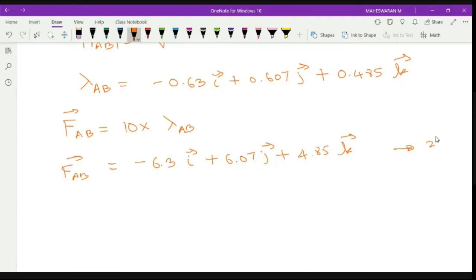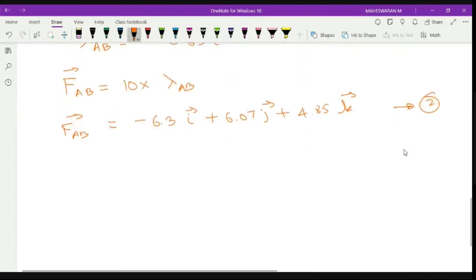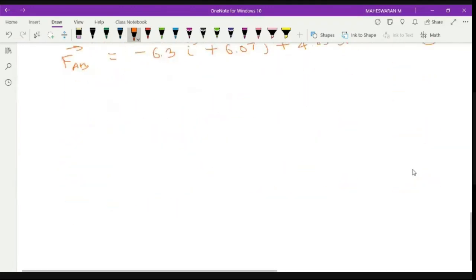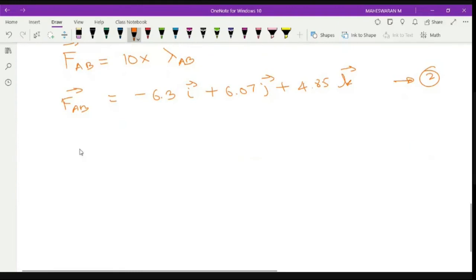Right? Equation number 2. Now they are asking what is the resultant. So resultant R vector is equal to FAB vector plus FAC vector. You just add this two. That will give you the resultant.